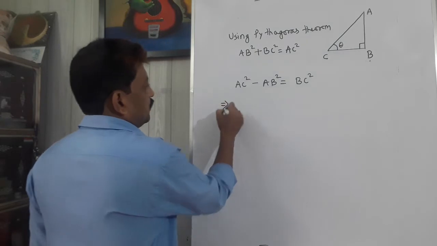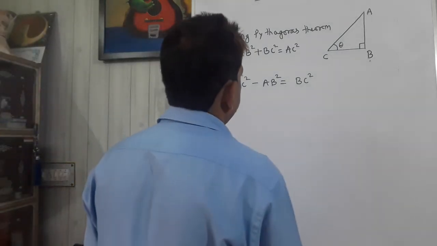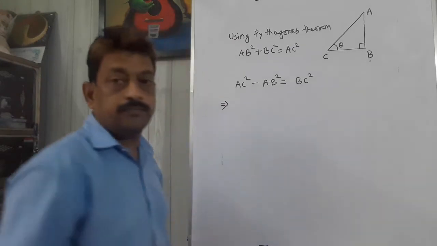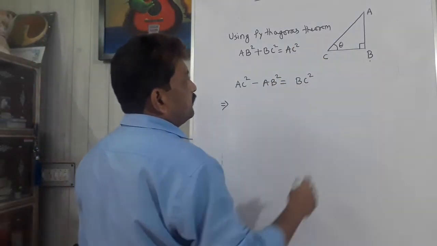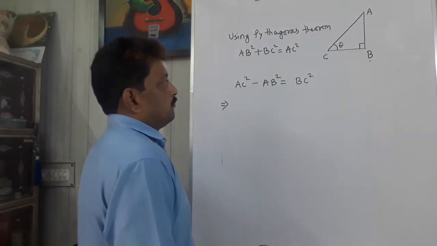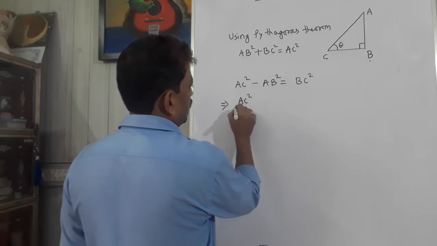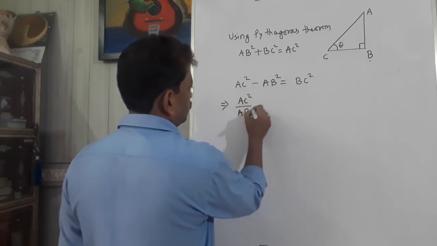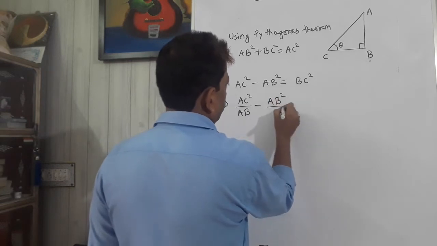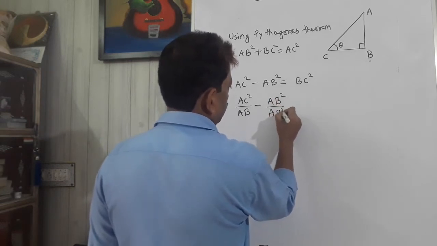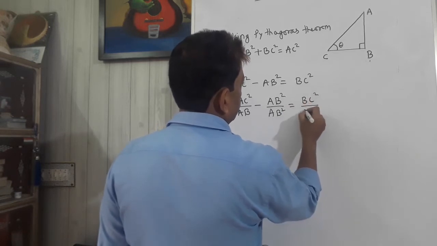Now let me divide both sides by AB square. So it will be AC square upon AB square minus AB square upon AB square equals BC square upon AB square.